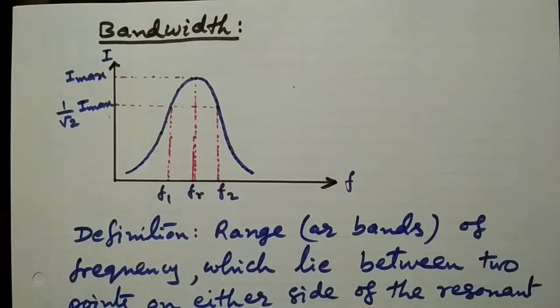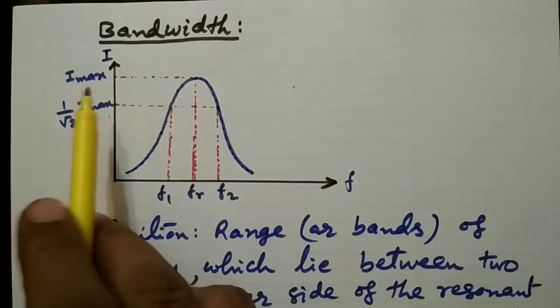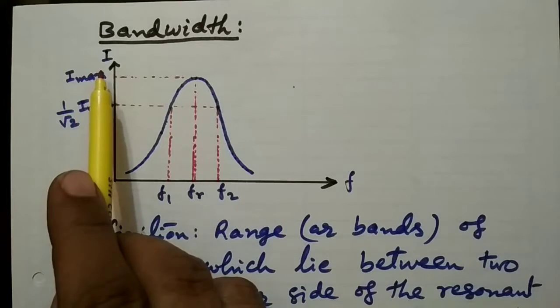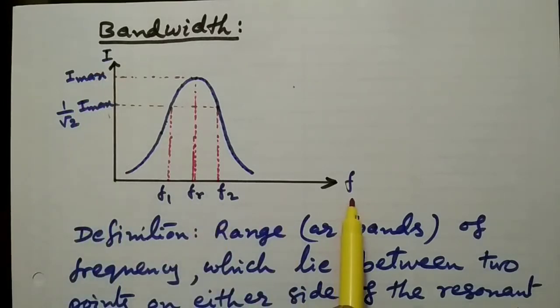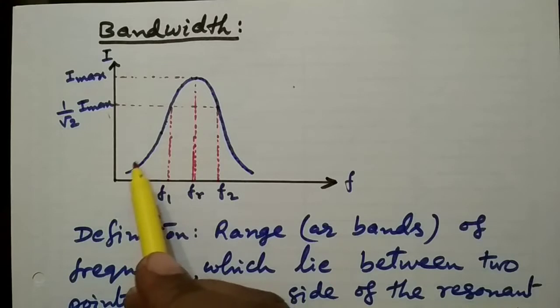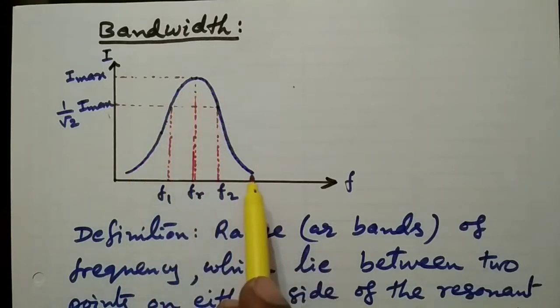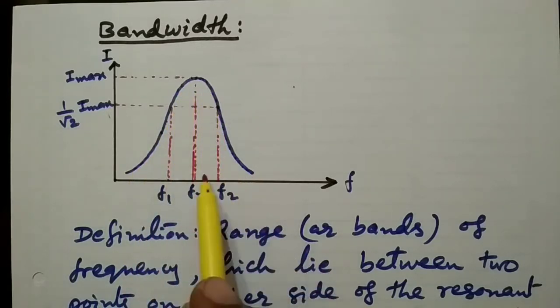Here I have drawn the resonance curve, that is the current in an RLC series circuit with respect to the frequency. In the previous lecture during graphical representation, we have already seen that the nature of the current with respect to the frequency makes this type of characteristics, and this is called the resonance curve.